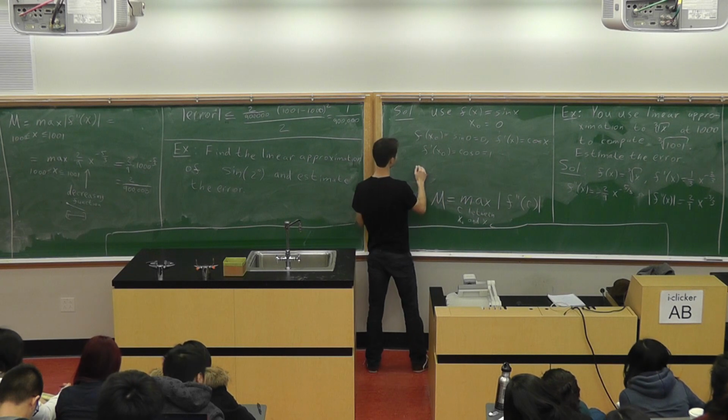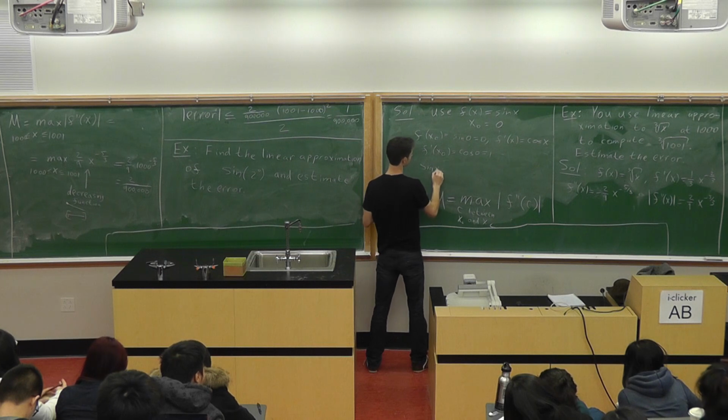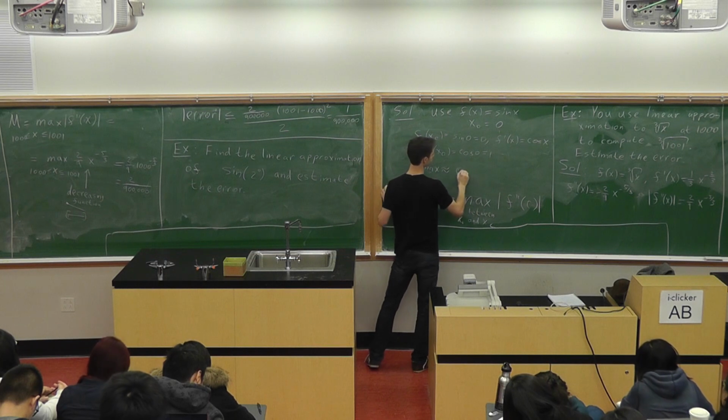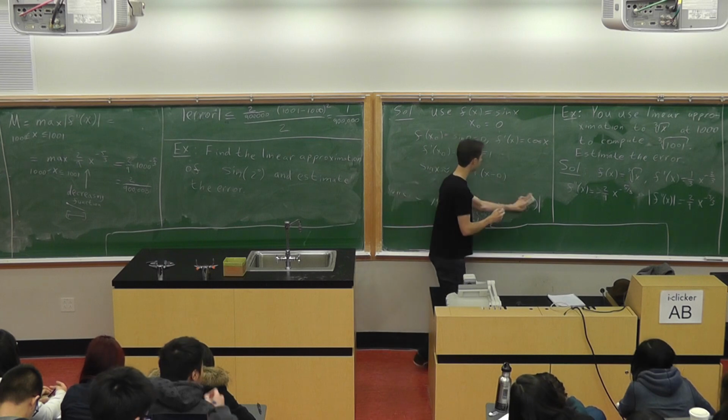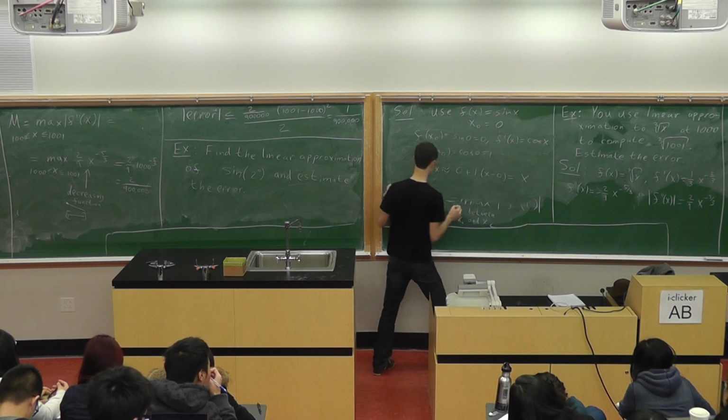The linear approximation is sine of x is approximately 0 plus the derivative times x minus 0, so it's x.